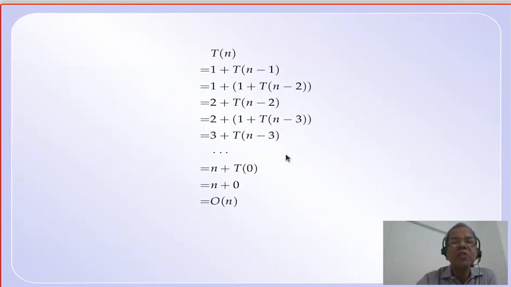After n times doing the same thing, we will get n plus T of 0. T of 0 is equal to whatever, 1, n plus 1, and I will say, ignore this 1, and what we get is n. When we are ignoring certain terms, whatever we get is called asymptotic growth.